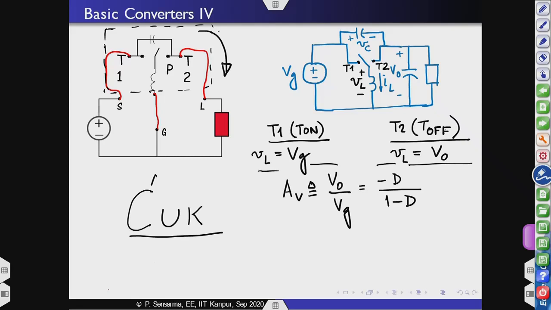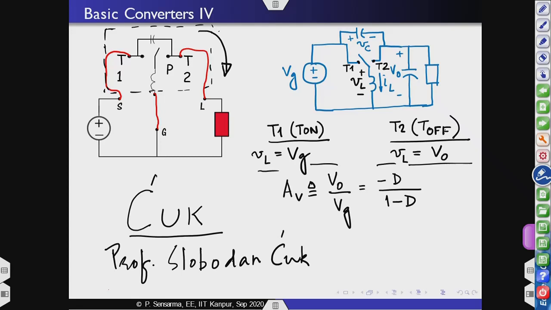This converter configuration was proposed by Slobodan Cuk, one of the pioneers in modern power electronics, from Caltech. So, it was his innovation, and now it is obviously treated as one of the basic converters.